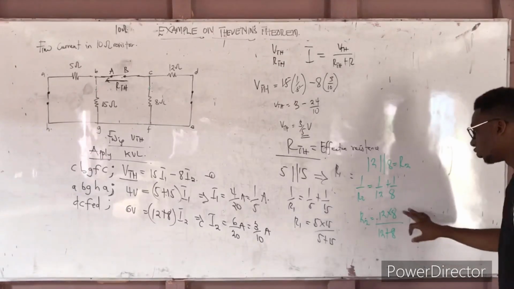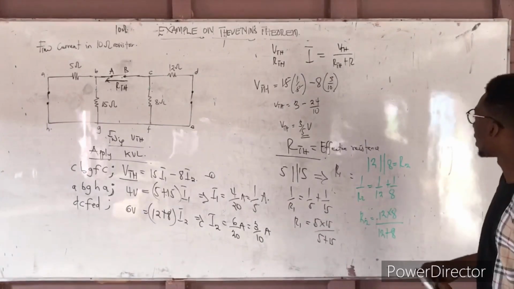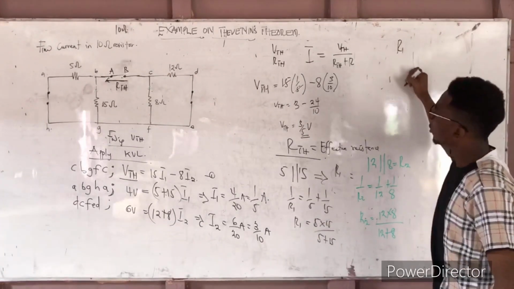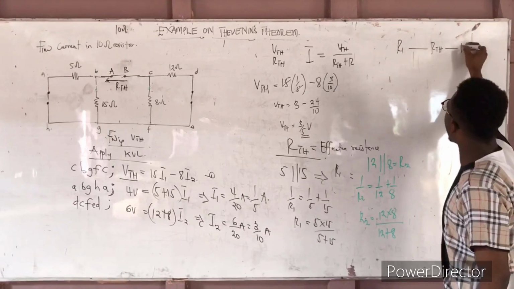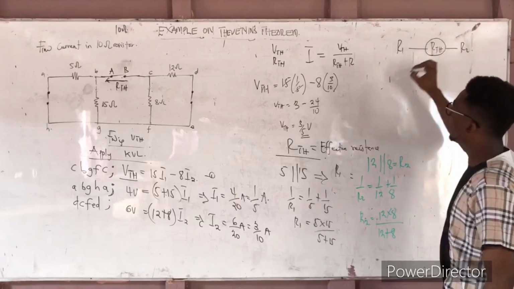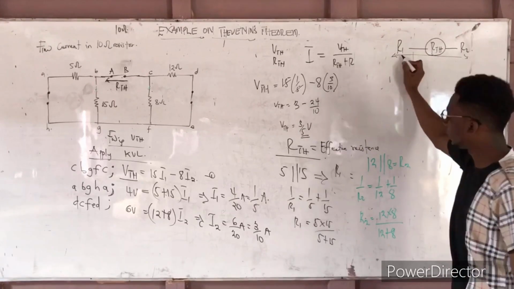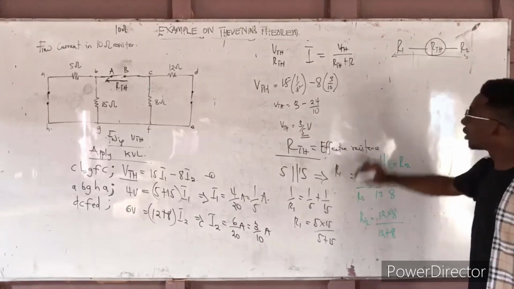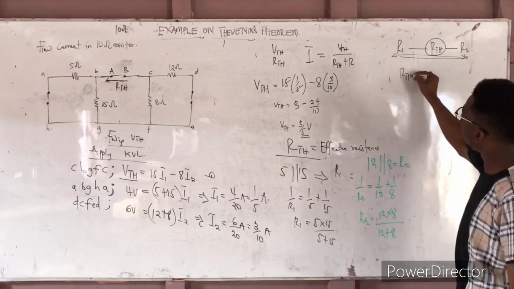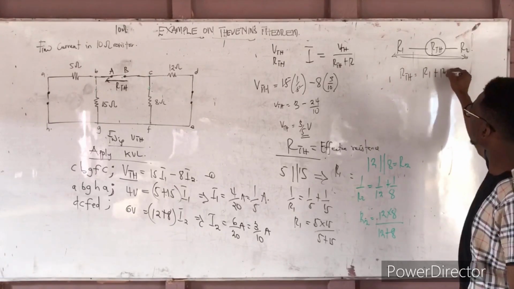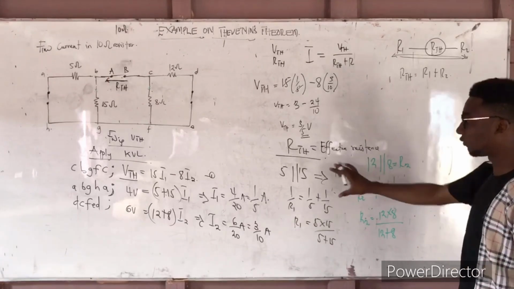So now you get the effective resistances R1 and R2. Now they will be in series. So the RTH will simply be equal to R1 plus R2, the two effective resistances we've already found.